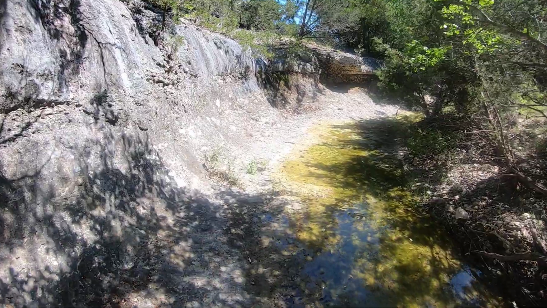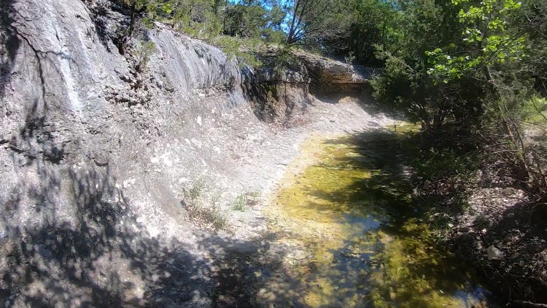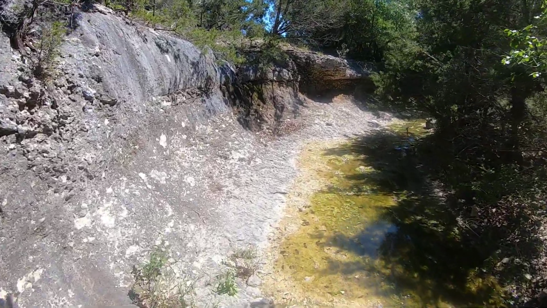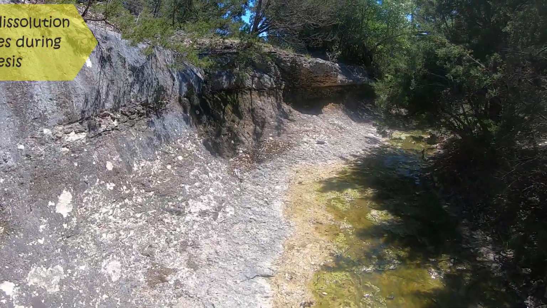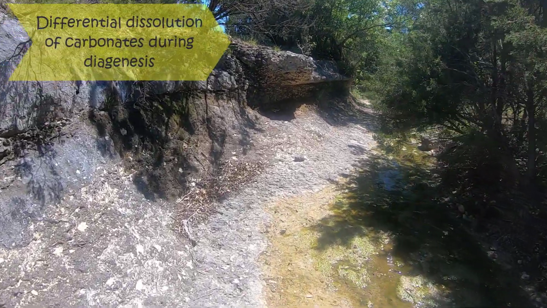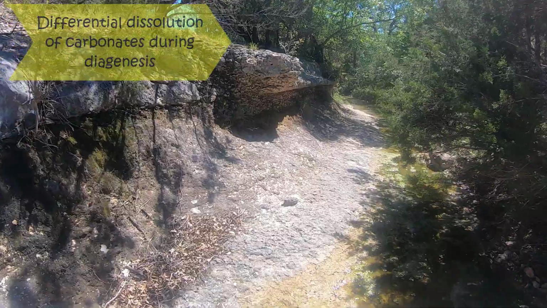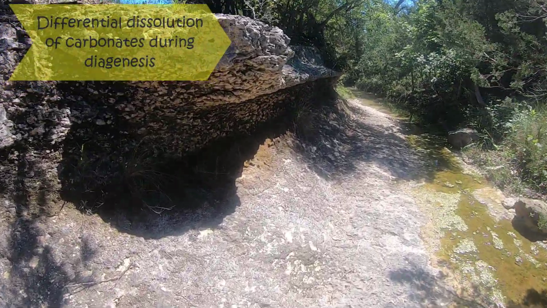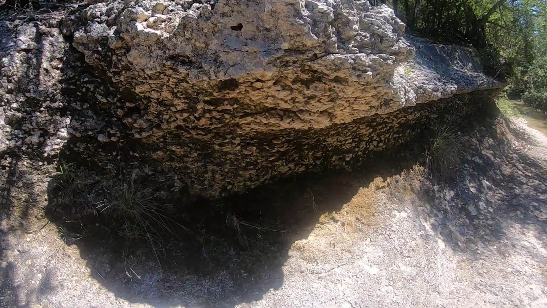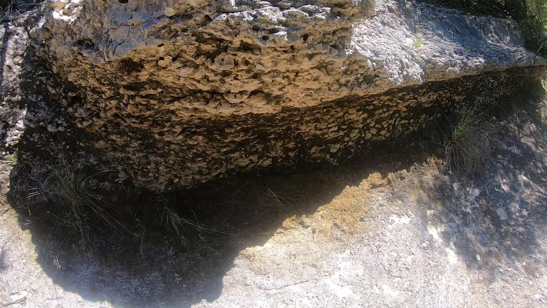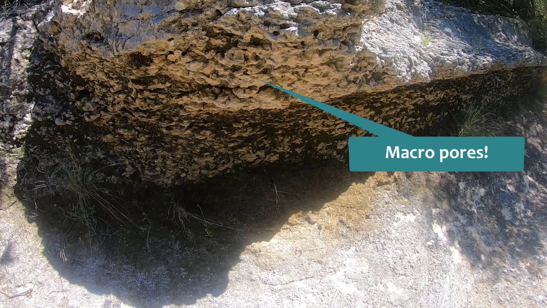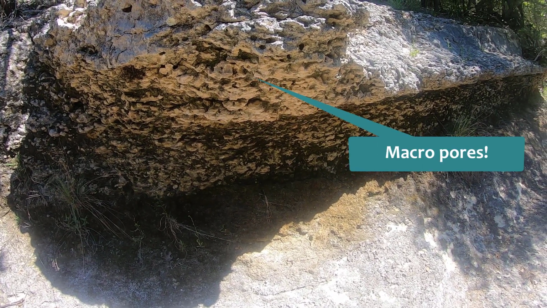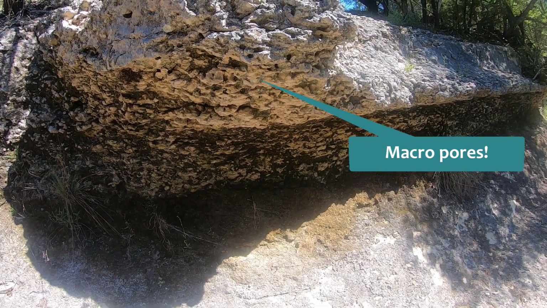And the presence or absence of these organisms, or variable composition, causes differential dissolution over time. The differential dissolution over time can be seen in some of these outcrops as the presence of vugs, porosity. We can actually see bioturbation.